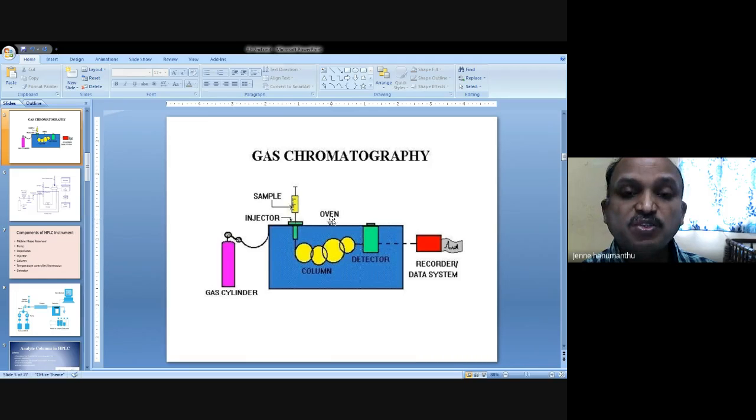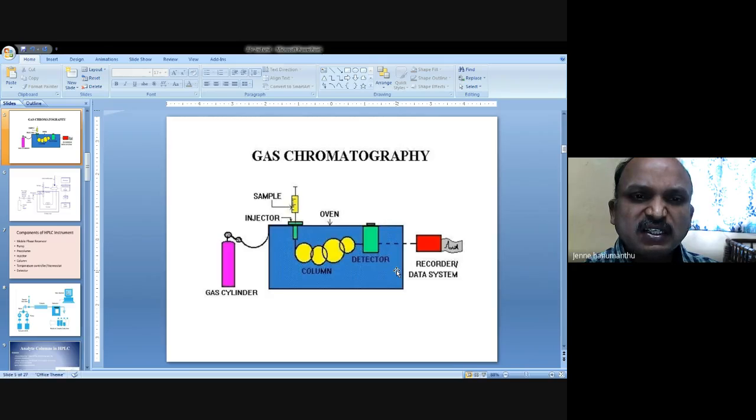The oven is mainly used for heating the column. The column is a long container which contains the unknown sample, right? And we place the detector here, followed by a recording or data system.